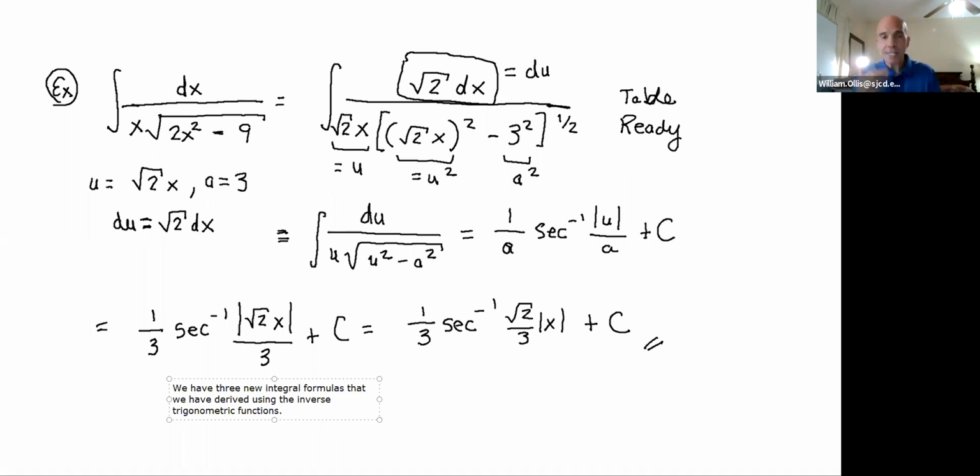Now, what I want to say, and this is what you can read, is that the remaining inverse trig functions' derivatives just differ by a negative sign. So you'll have this. I'm not going to write all of this out. I'll just do one example here, and you can fill in the rest as you read your book.